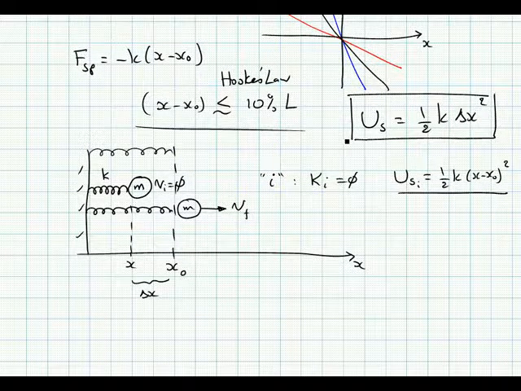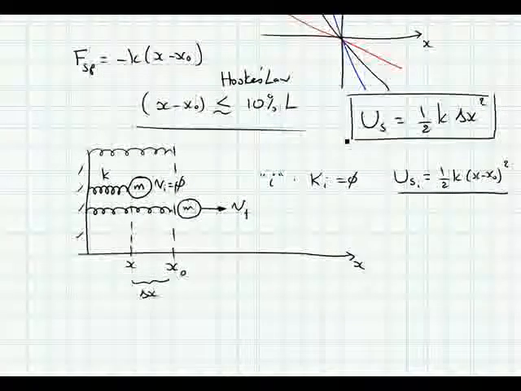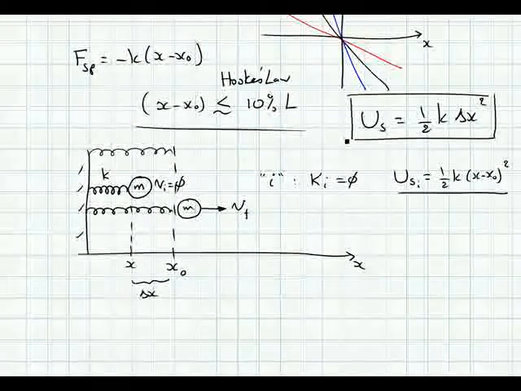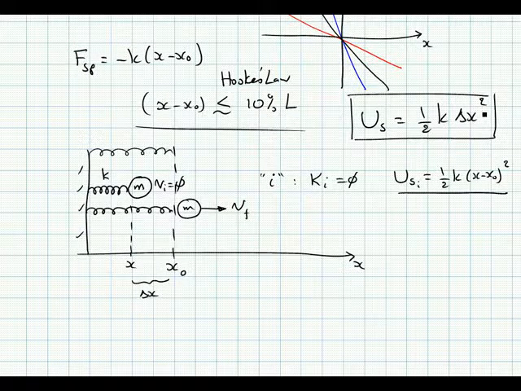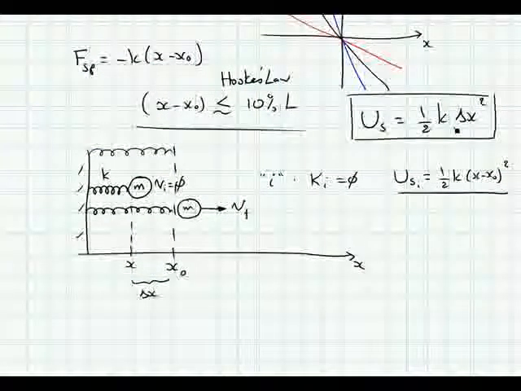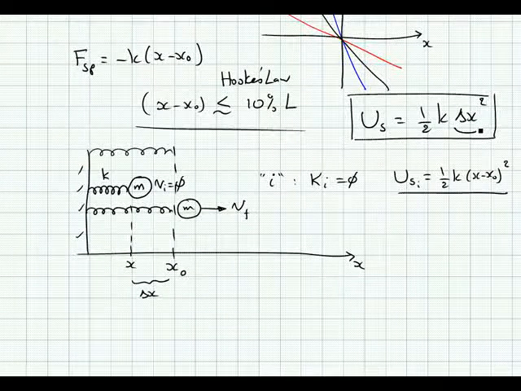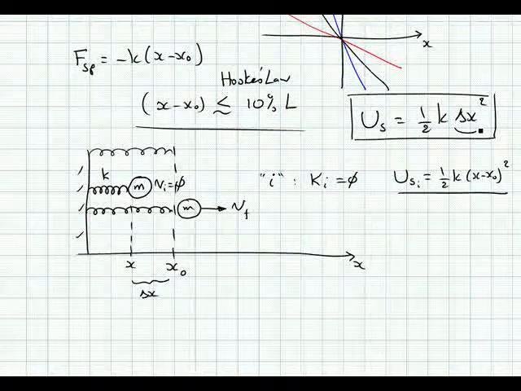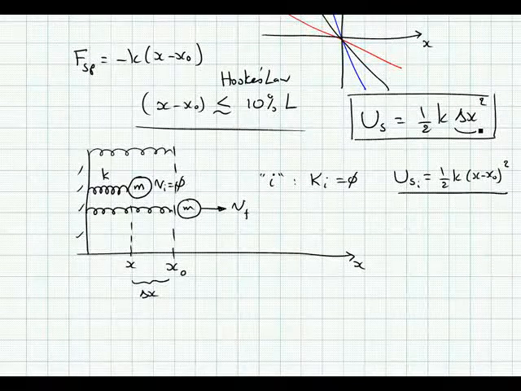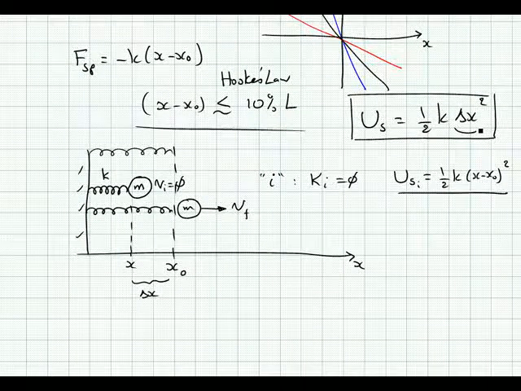The units of course are again in joules, and notice that spring potential energy is a positive number due to the fact that it's proportional to the square of delta x. So whether delta x is positive or negative, spring potential energy always comes out as positive.